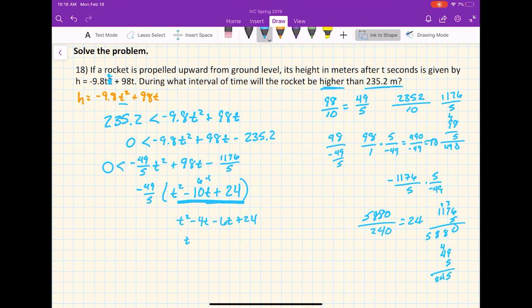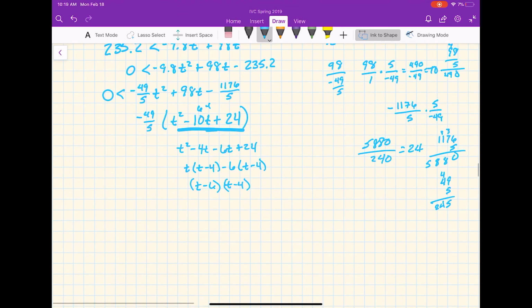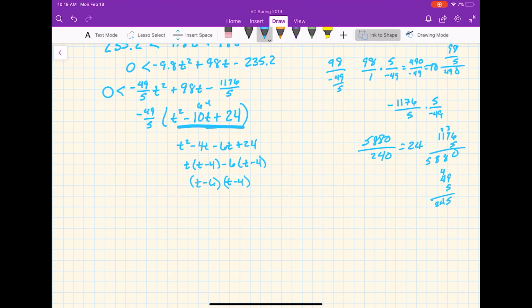So we get t times the quantity t minus 4 minus 6 times the quantity t minus 4. So we get t minus 6 times t minus 4. And of course, the negative 49 over 5 is still out in front of all of this.